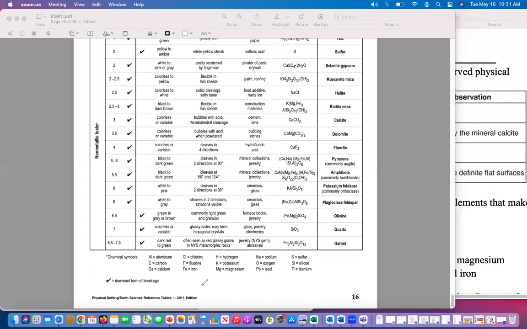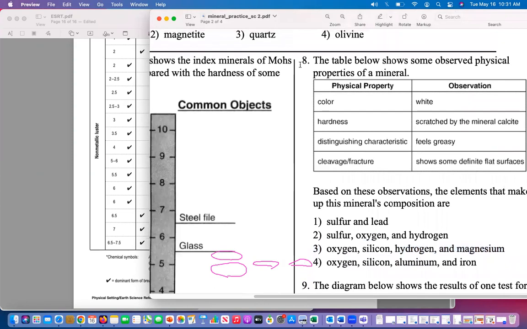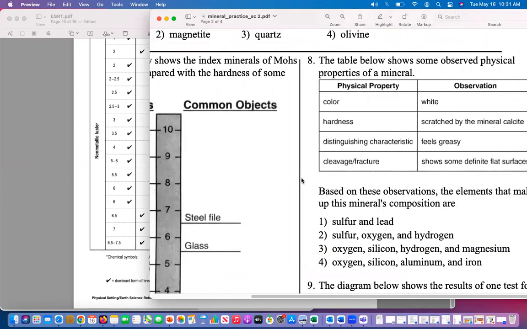So with talc, I see Mg, Si, O, and H. So hydrogen, magnesium, oxygen, and silicon. And so when I take a look, hydrogen, silicon, hydrogen, magnesium, oxygen, choice 3 is the correct answer. Let's keep going. Choice 3 is the correct answer for number 8.